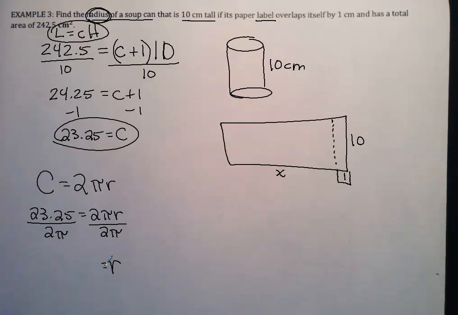You'd use 3.14 if you want. 6.28 with 2 times pi. 3.7 approximately. Okay, so we'll change this to some wavy lines. 3.7 units, sorry, is what I was going for. Centimeters. Squared? For radius? Just centimeters. Okay, good. That's what I was hoping for, because that was a mistake to be made since we're looking at just the radius now.